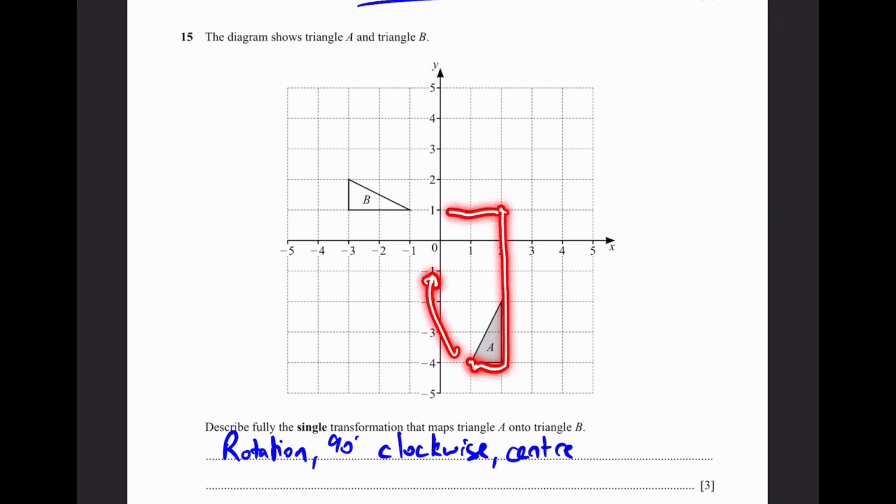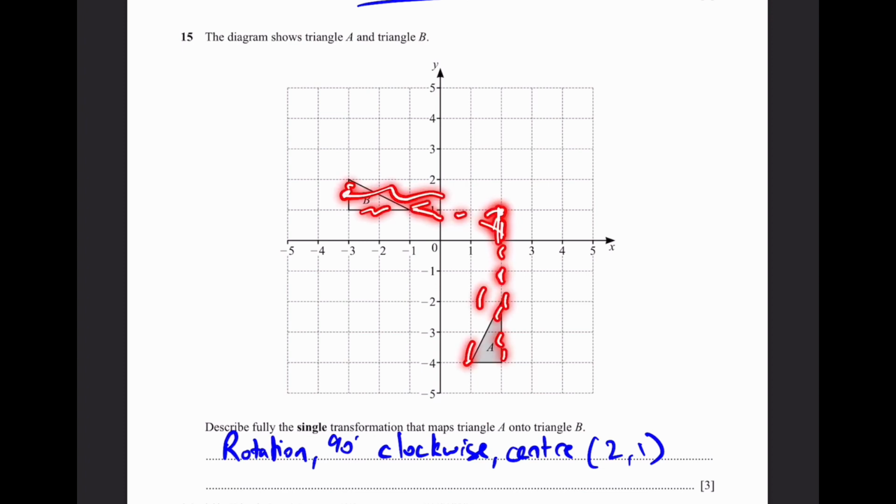Rotating 90 degrees, we get 5 left, 1 up. The dimensions are the same, even though the direction has changed due to the rotation. Therefore, the center is (2, 1). Why? It's because the lengths from the center of rotation are the same for all corresponding points. That's the answer.